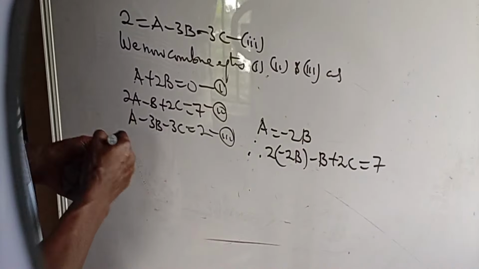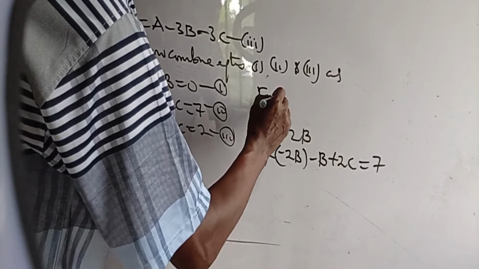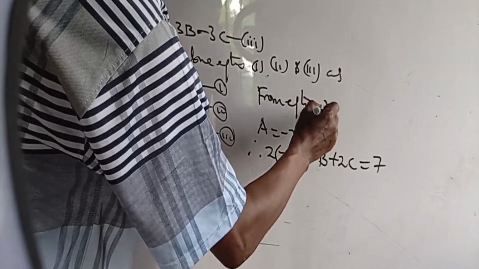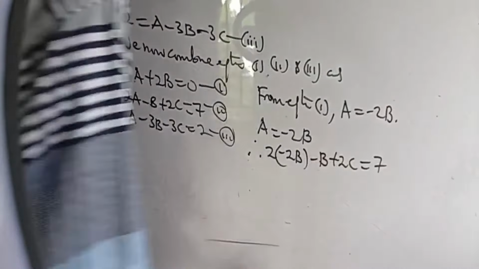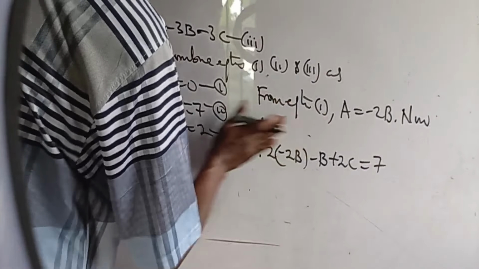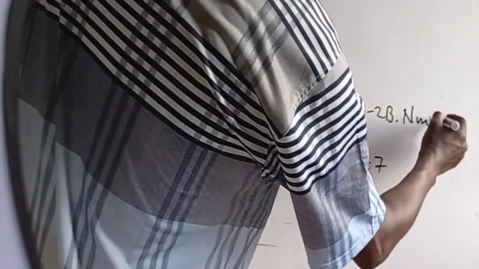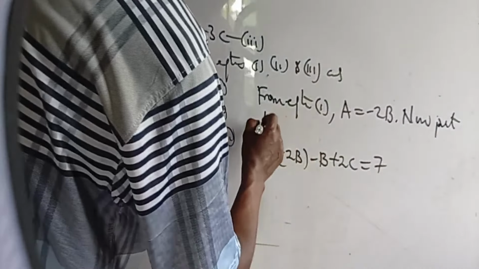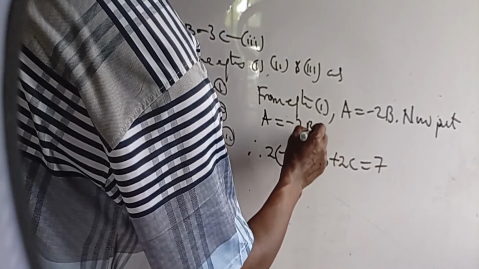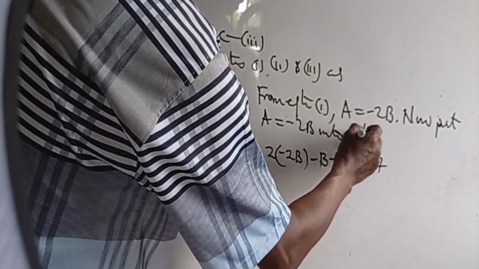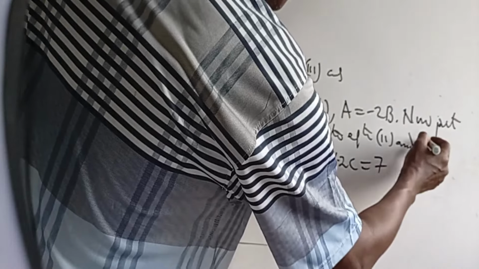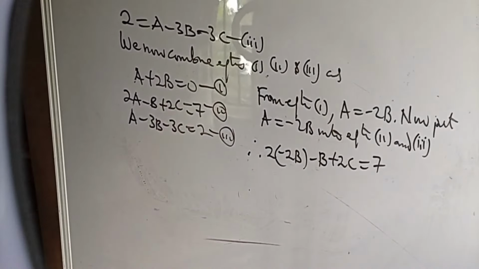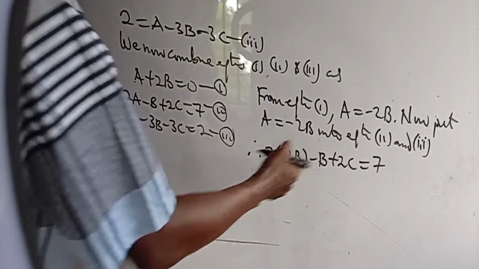I can say from equation 1, a is equal to minus 2b. Now I want to put a equals minus 2b into equations 2 and 3.